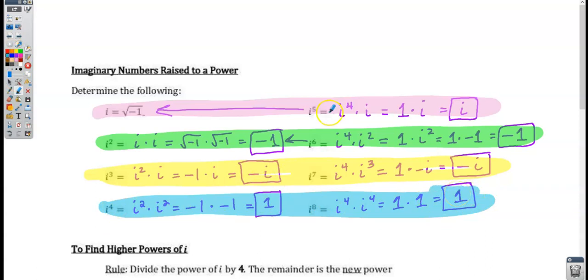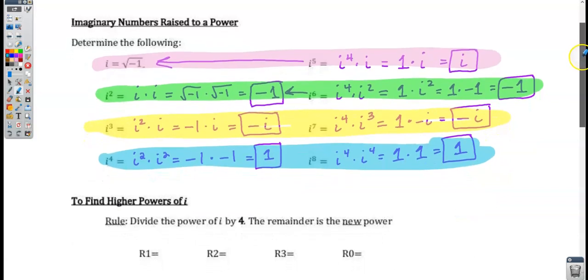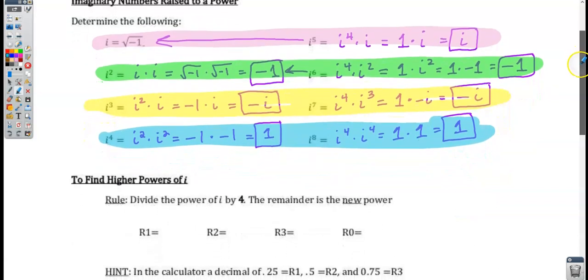For instance, i to the ninth is going to be equal to i to the fifth, which is equal to i. i to the 10th is going to be equal to i to the sixth. i to the 11th is going to be equal to i to the 7th. i to the 12th is going to be equal to i to the 8th. And that pattern just keeps cycling through every 4 powers of i.